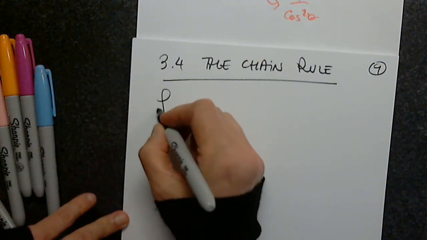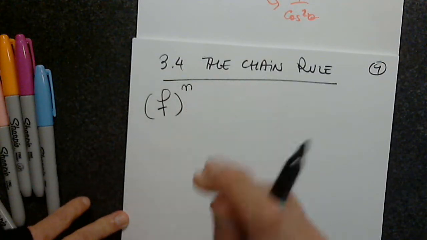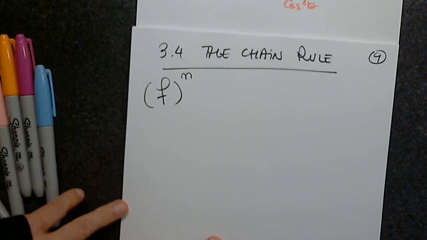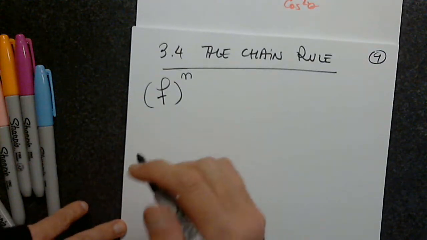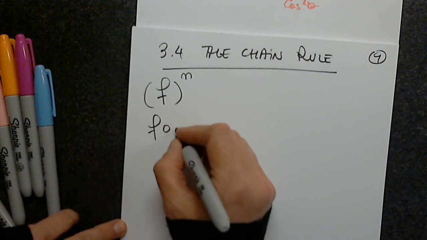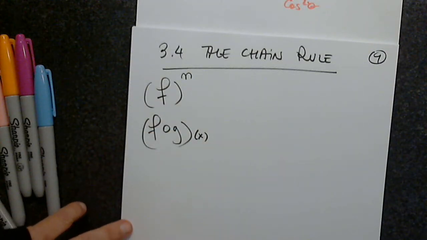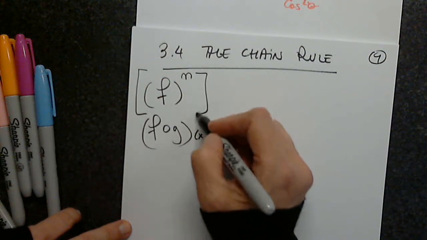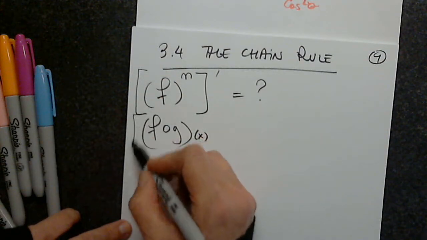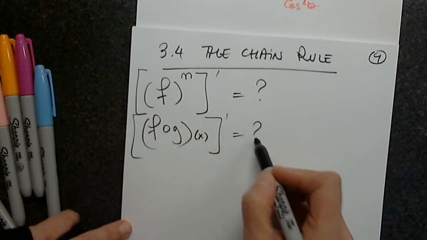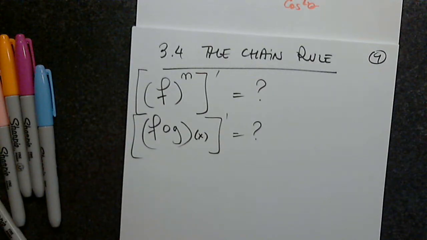One is when we raise a function to a power, and the other one is when we differentiate a function composition. So finding this derivative and finding this derivative. These are two major topics in the chain rule. Let's start with the first one.